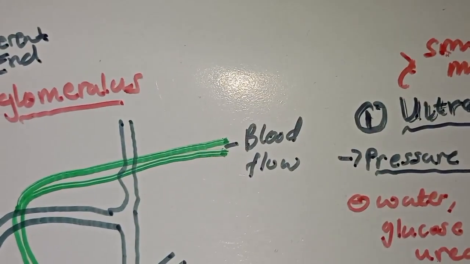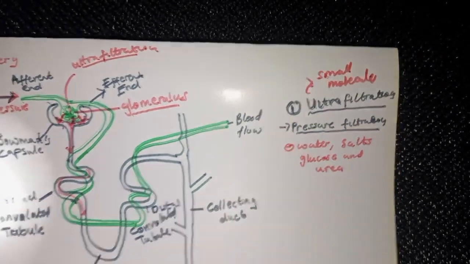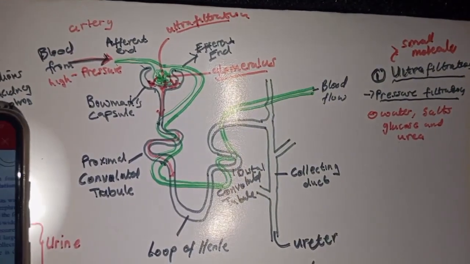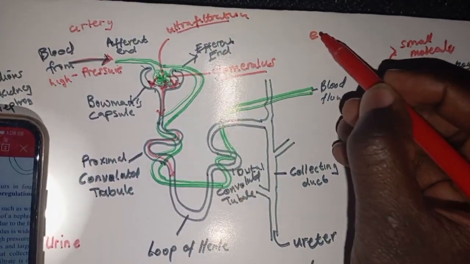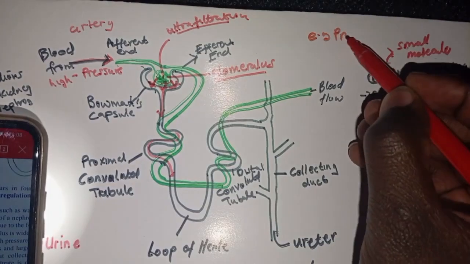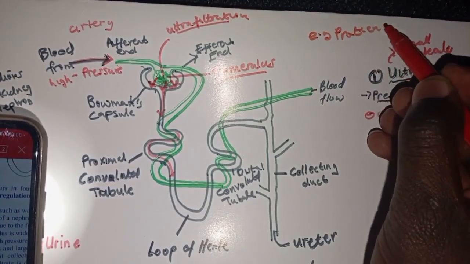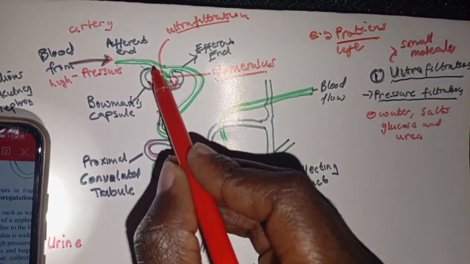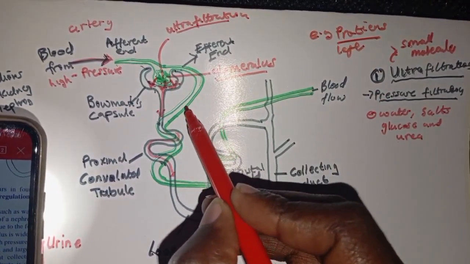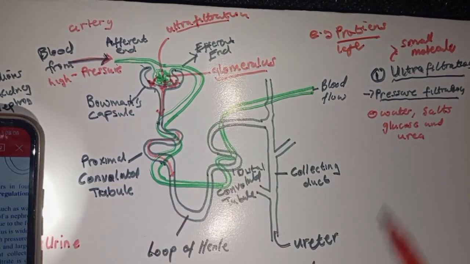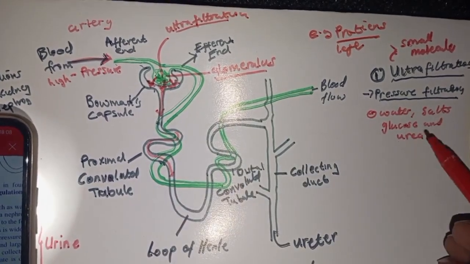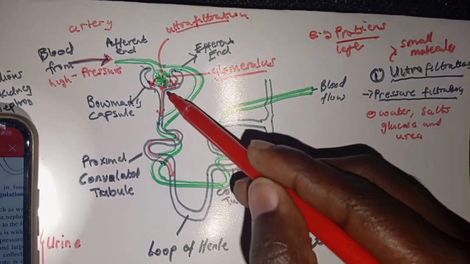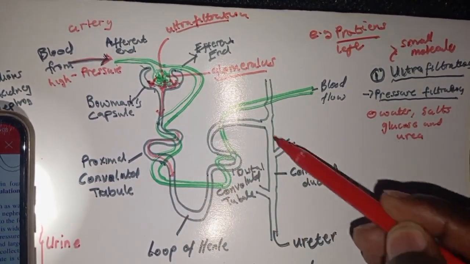Bigger molecules such as proteins are left. Okay, so e.g. proteins are very big in size. These, they are left. They will just bounce back and move like this. But these, they come out. Now, not everything here needs to be excreted, because once everything comes out here, it will go and become what?